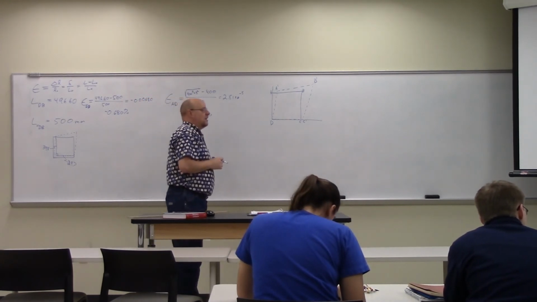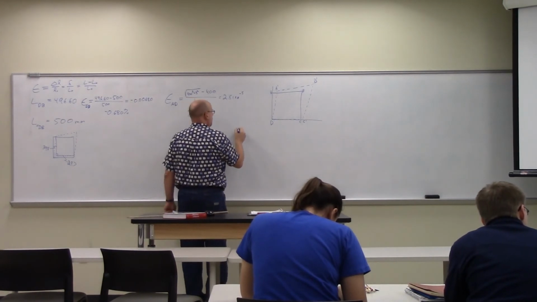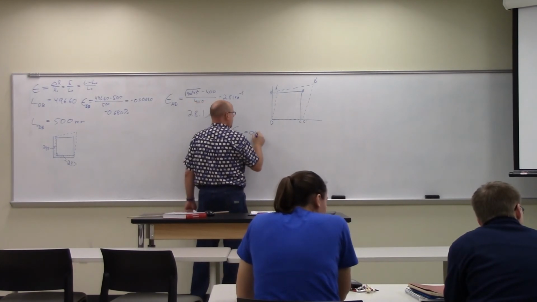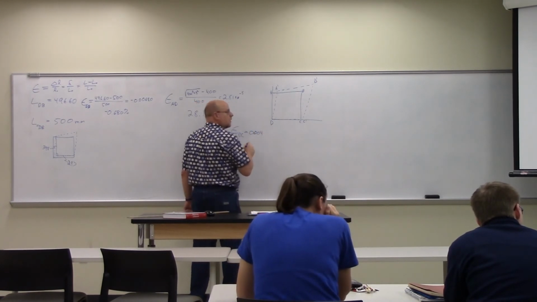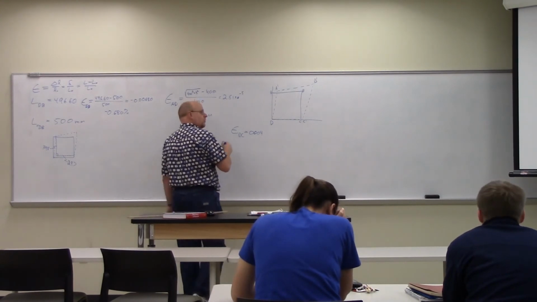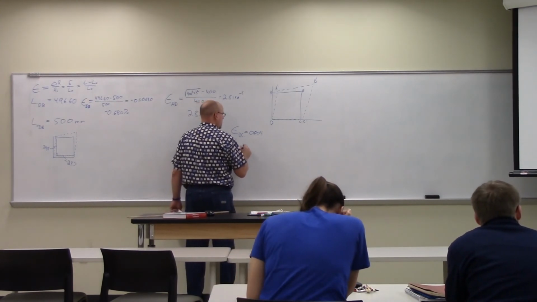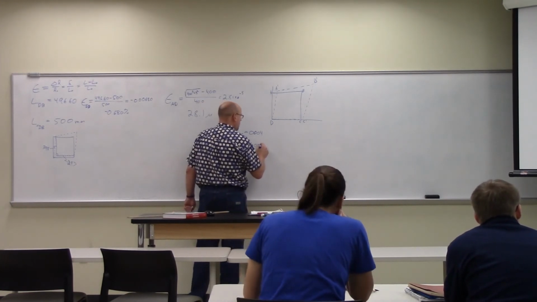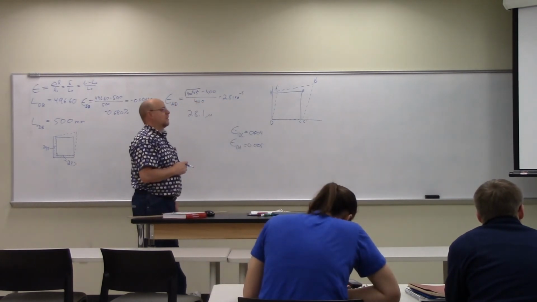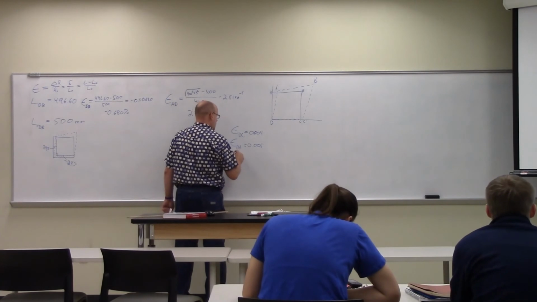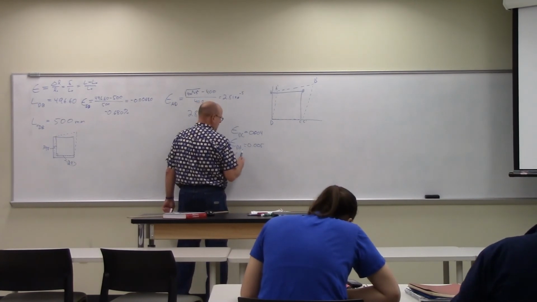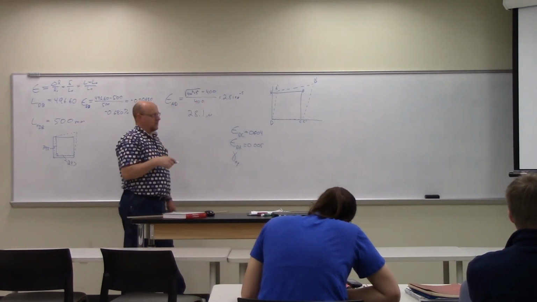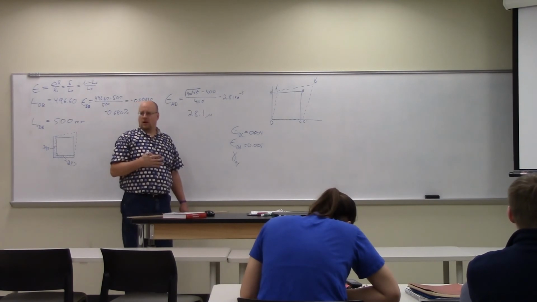Okay, if DC has a normal strain of 0.004, and DA has a normal strain of 0.005, and at D, gamma, well, in this case they've labeled it gamma XY, because it's gamma about the z-axis, but it's on the x-plane in the y direction.